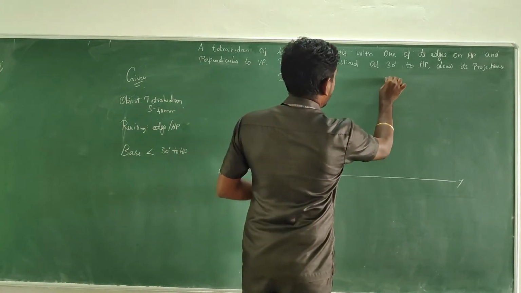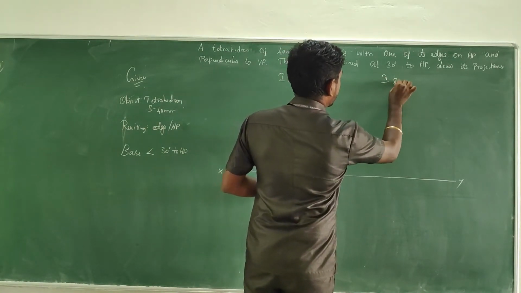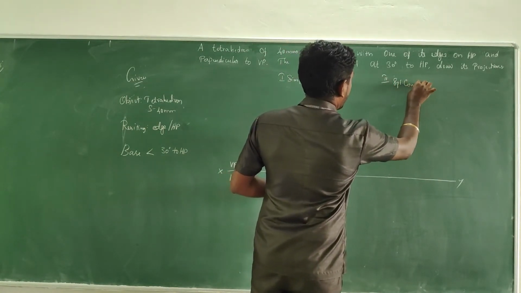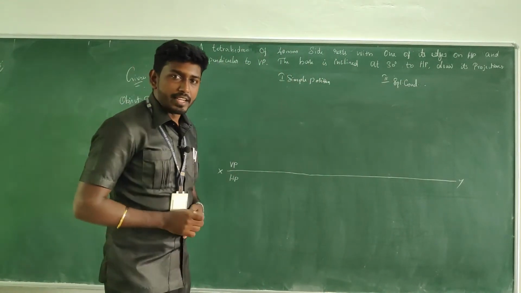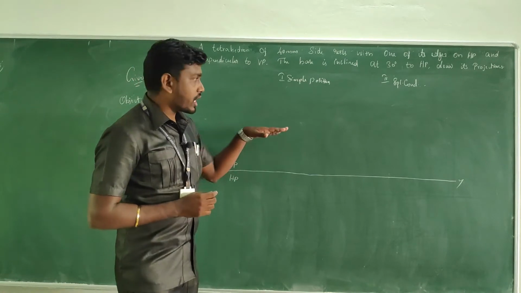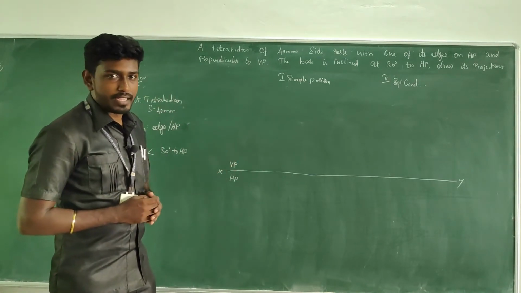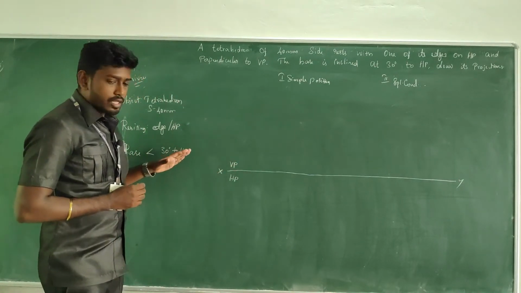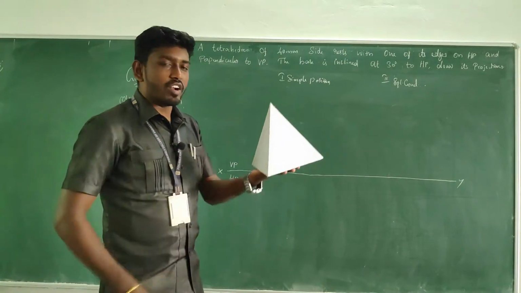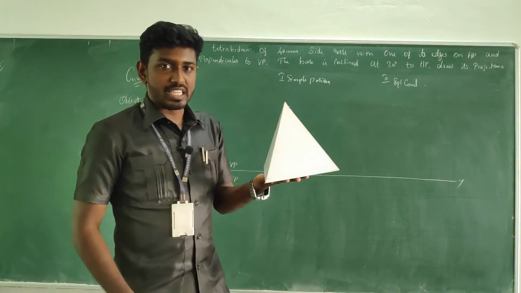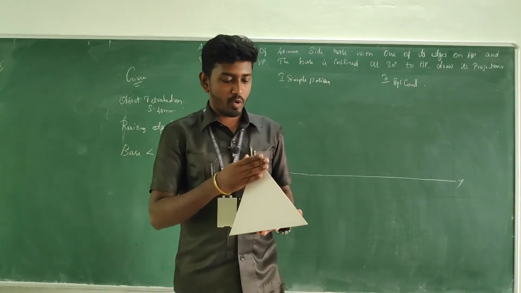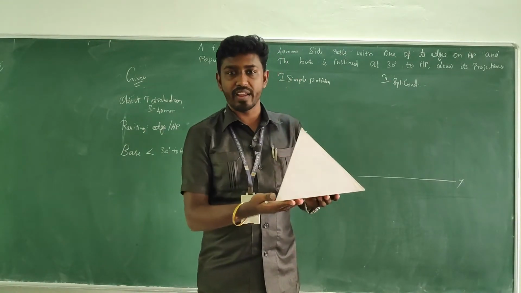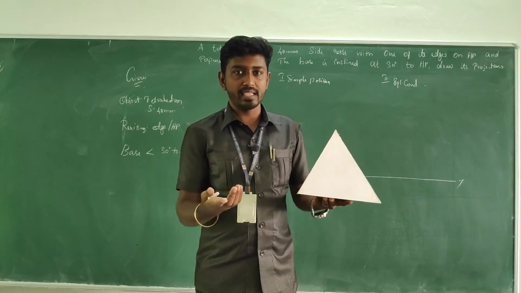And the second one is the special condition in this question, as per the method called change of position method, or rotating object method. Fine. So here the object is a tetrahedron. We know a tetrahedron has four faces: 1, 2, 3, 4 faces.